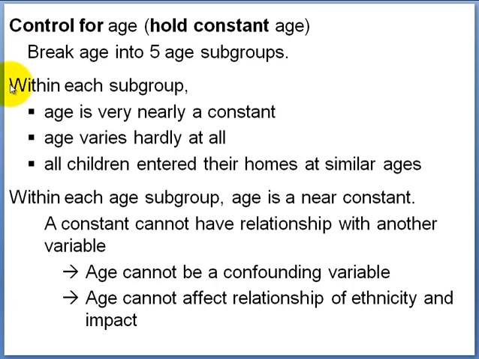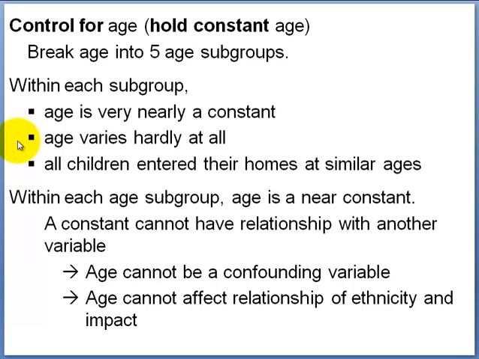So let's talk through some of the logic of controlling for a confounding variable. In our example, we're going to set up 5 age groups. Now, within each age group, age is very nearly a constant, which is to say, it varies hardly at all.